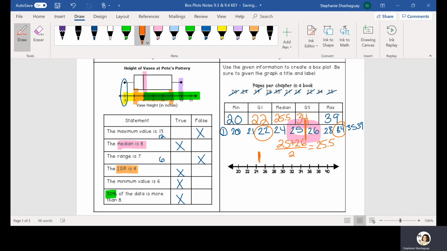So there was my median. My Q1 is 22. My Q3 is 34. And then I need to add my whiskers, and that's going to go out to 39, and down to 20. So there I've created my box plot for that set of data.